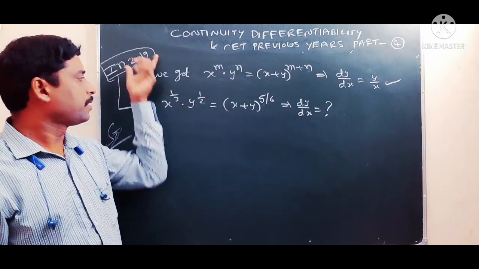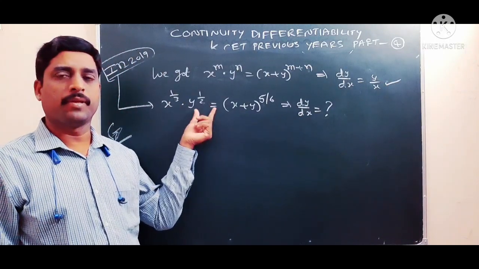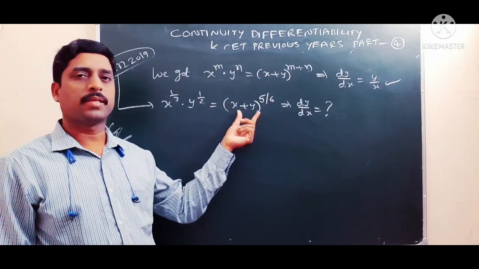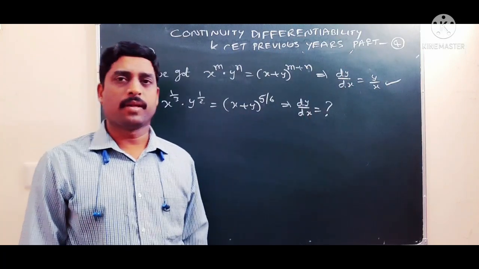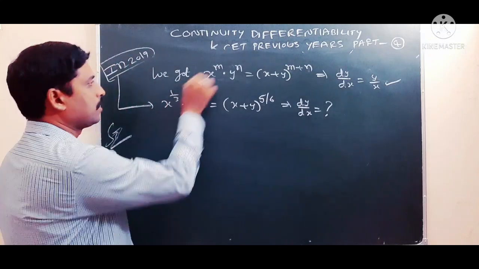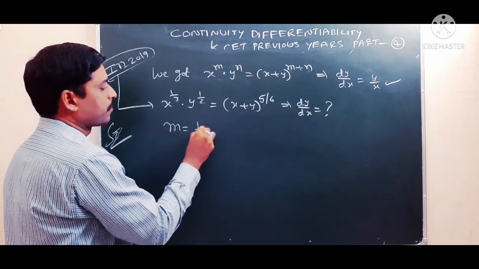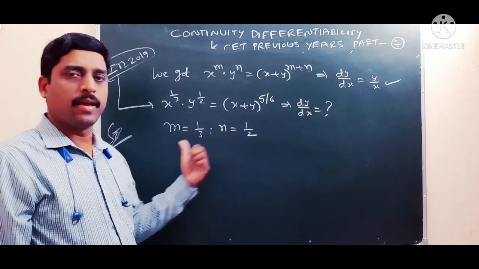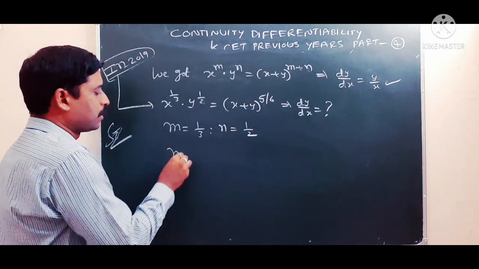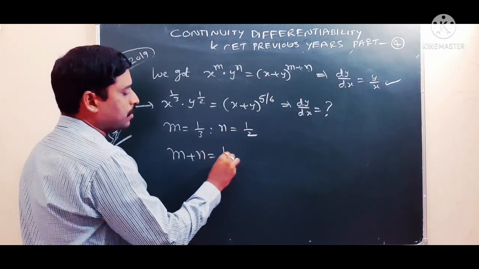So in the 2019 question, x to the power 1 by 3, y to the power 1 by 2 is equal to (x plus y) to the power 5 by 6. Then we have to find dy by dx, where m is equal to 1 by 3 and n is equal to 1 by 2. First, we have to find the m plus n value. M plus n is equal to 1 by 3 plus 1 by 2.